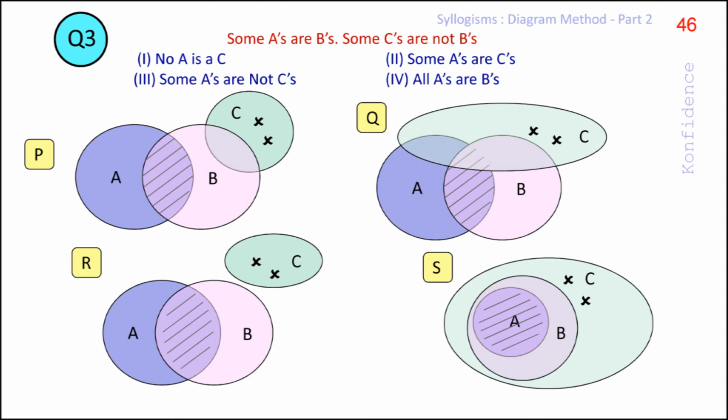From that, we cannot conclude all A's are B's. From the diagrams also, we can see that it is invalid in all the figures except figure S. So we see that none of the conclusions given in the question is valid.